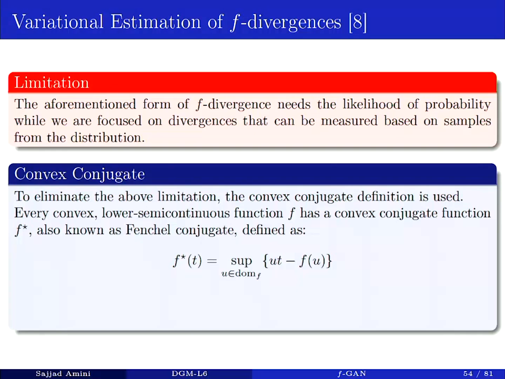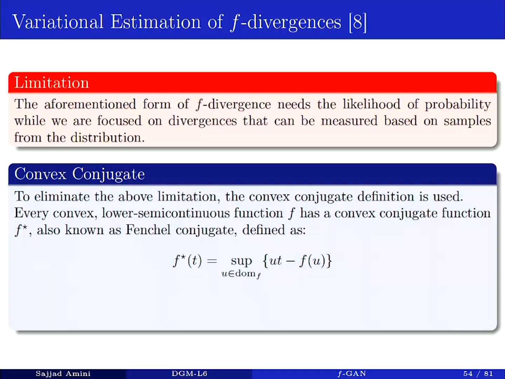I have a function f of u, actually f of x. Now I have a new definition, f star. This is a completely new function. At point t, you want to evaluate this function. What should you do? You should take the supremum.